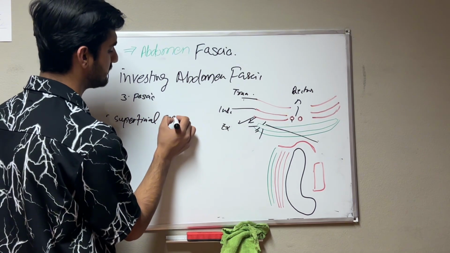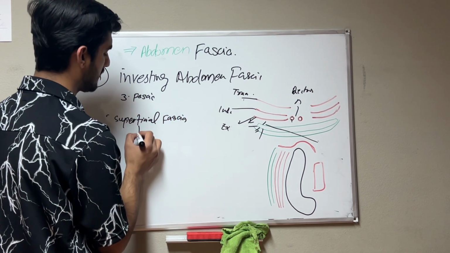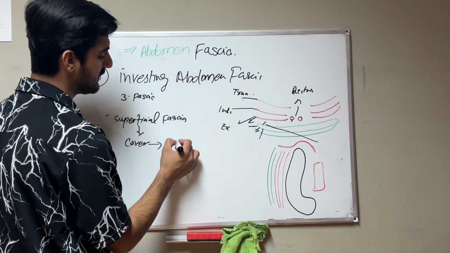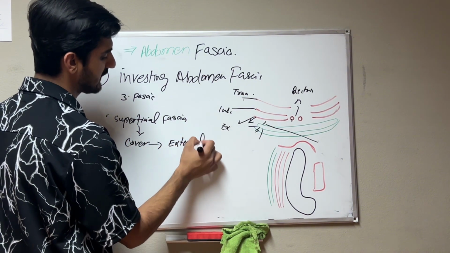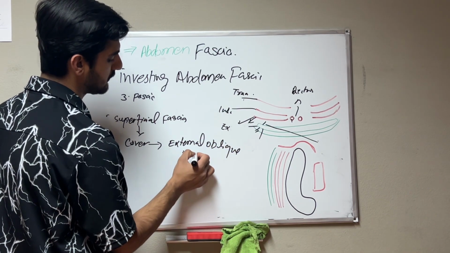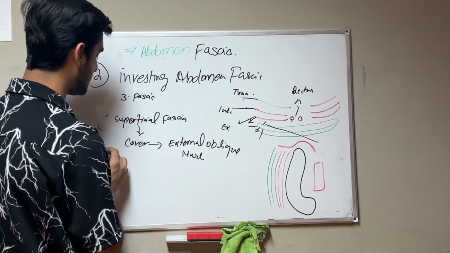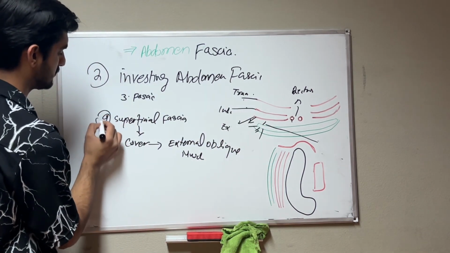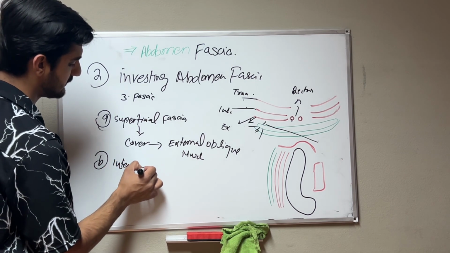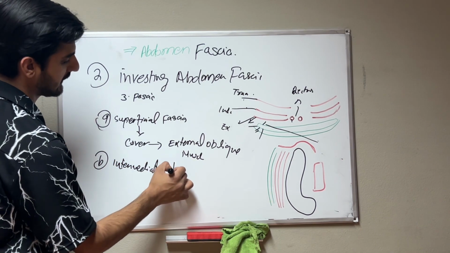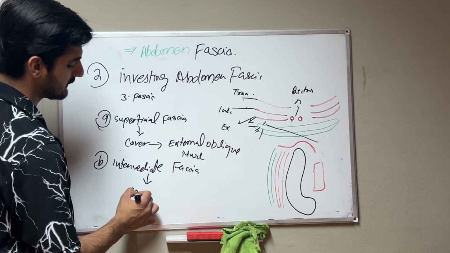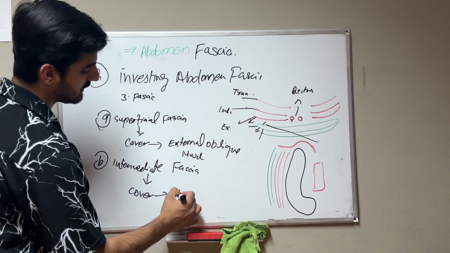Then the second one, we have the intermediate fascia, and the intermediate fascia covers the internal oblique muscle.